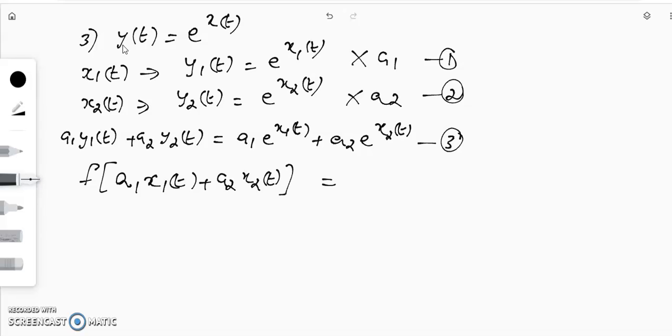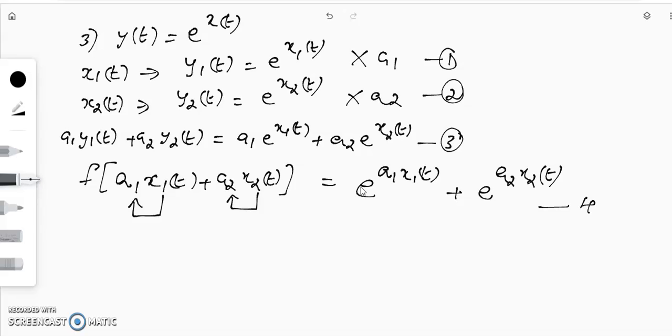So what you will get? So wherever you find x1, you have to multiply it with a1. When you find x2, you have to multiply it with a2. So this is e raised to, so you are finding an x there. So you have to multiply it with a1 x1t plus e raised to a2 x2t. You can write this as equation 4.